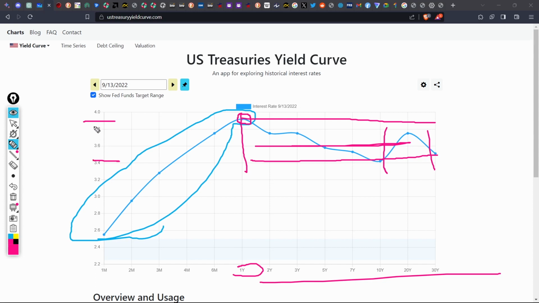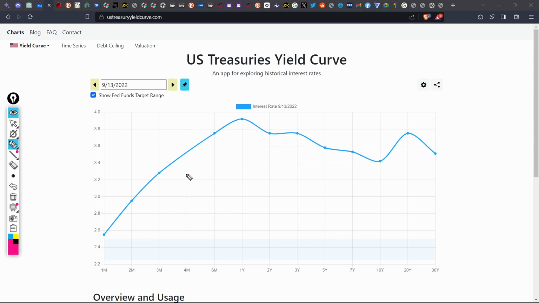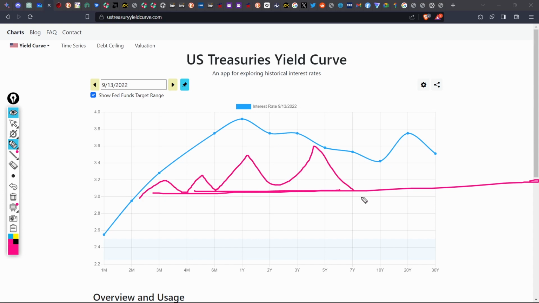So the difference is very small, and this is the general idea of a flat yield curve. It's very rare or almost never that you will see the yield curve being flat like this as a straight line. It usually has these oscillations, as you can see here. So when it's looking like this, it's called a flat yield curve.